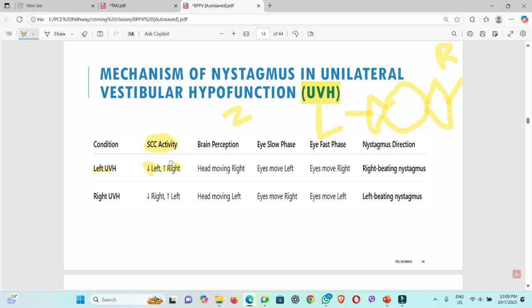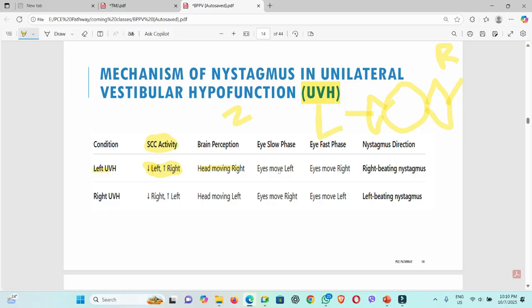Clear till now? You guys are sending thumbs up, right? I'm not looking at the screen. So if there is less signal coming from the left side compared to the right side, what the brain thinks is the head is moving towards the right. The brain is perceiving that the head is rotating towards the right side because more signals are being received from the right side.